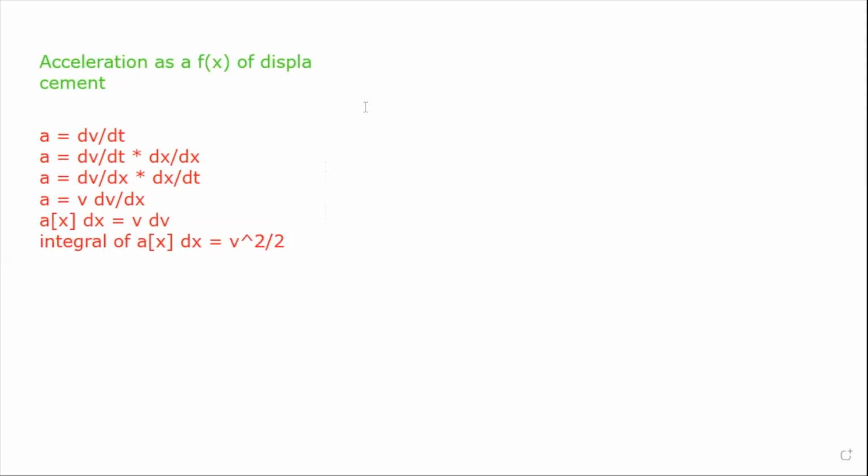Likewise, I'm going to do the same thing now, but in the rotational world. If we do alpha, we can say that's the change in omega over the change in time. Alpha, I'm just going to represent with A now. Don't confuse it with the tangential. We're working rotationally now.